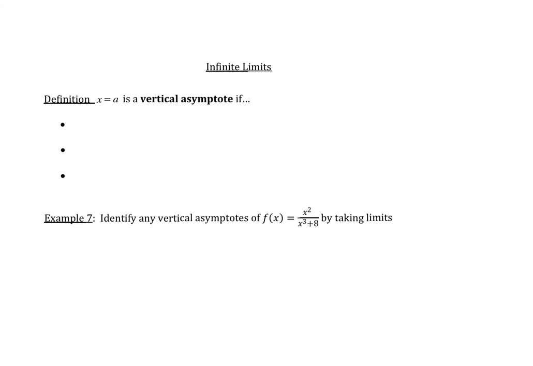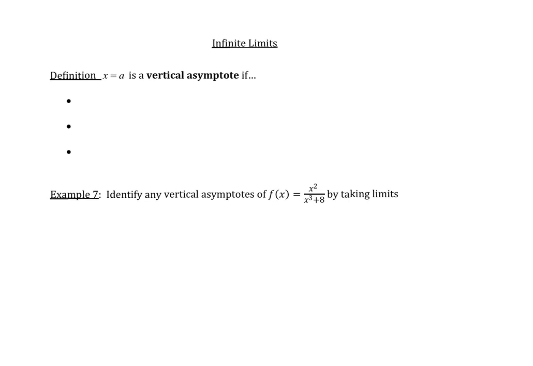What I want to conclude this video with is a discussion about vertical asymptotes. So how do you know when you have a vertical asymptote? Well, there's 3 different cases. The first case is the limit as x approaches a from the positive side of f of x is equal to any kind of infinity, plus or minus infinity.